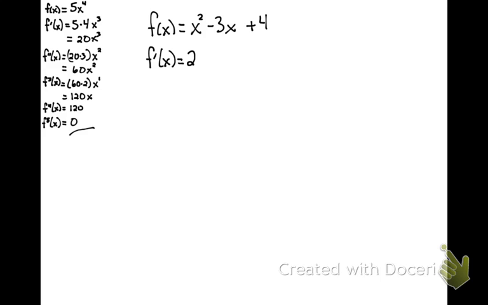Drop the 2, decrease the power by 1. What's the derivative of negative 3x? It's just negative 3. What's the derivative of my constant 4? It's 0. So the derivative of x squared minus 3x plus 4 is 2x minus 3. And this, 2x minus 3, is an expression for the slope of the tangent line at any x value on this quadratic. That's how you can express the slope of the tangent line.